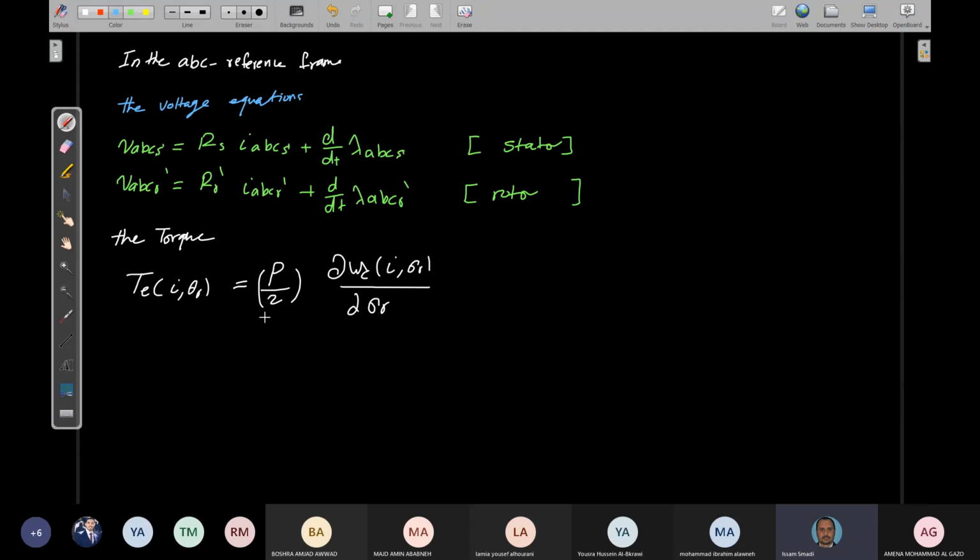Now, where does this factor come from? From the relation between the two angles.